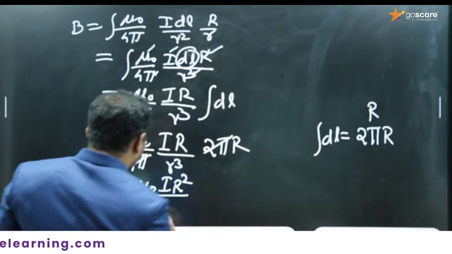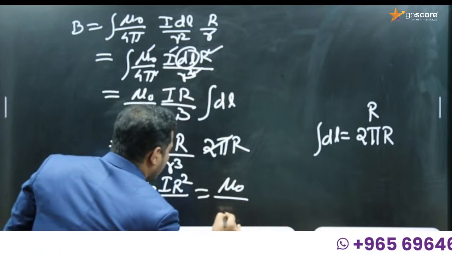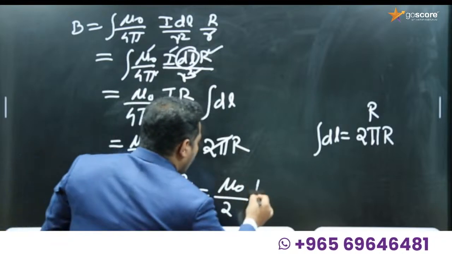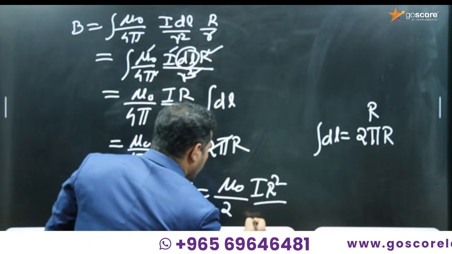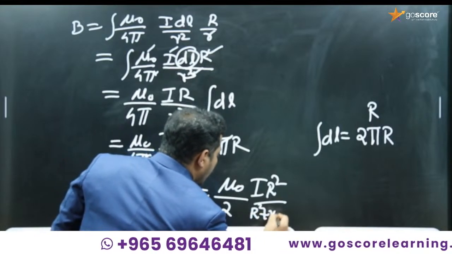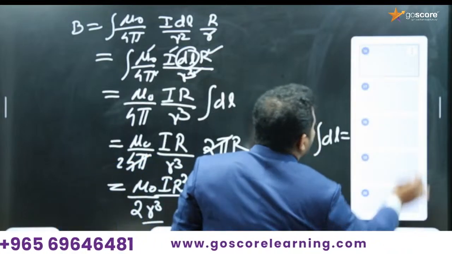So move back. Okay, here we have r³, right? So this is equal to μ0/2 times I r² divided by (r² + x²) raised to 3/2.